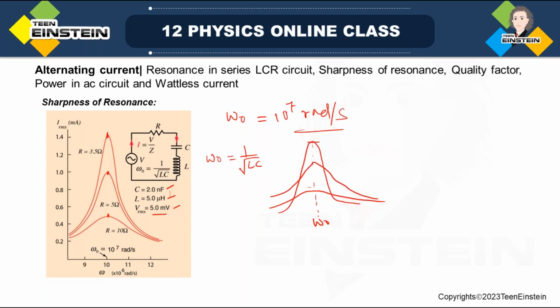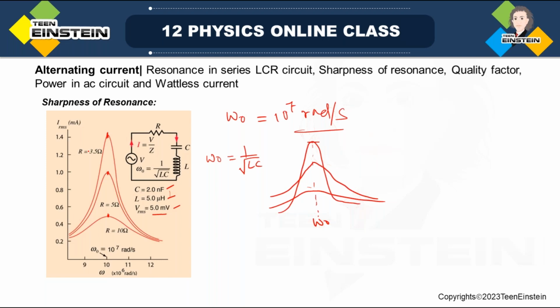It depends only on the L and C components. That is the reason the peak occurs at the same place, but the curve becomes either wider or narrower depending on the value of resistance. So sharpness of resonance actually depends on the resistance.